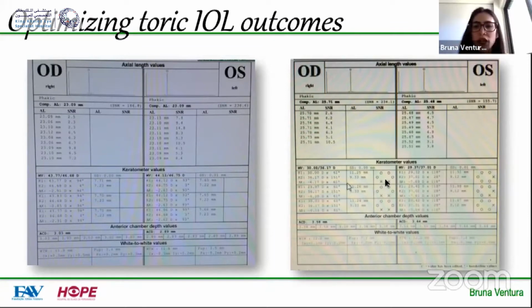So we see how in this right eye, this whole area here wasn't measured. So this keratometry data was all derived with the points that it could measure. Whereas here in this left eye, in one of the measures, it couldn't measure this area. In the second measurement, it couldn't measure this area. And in the third measurement, it couldn't measure this area here.